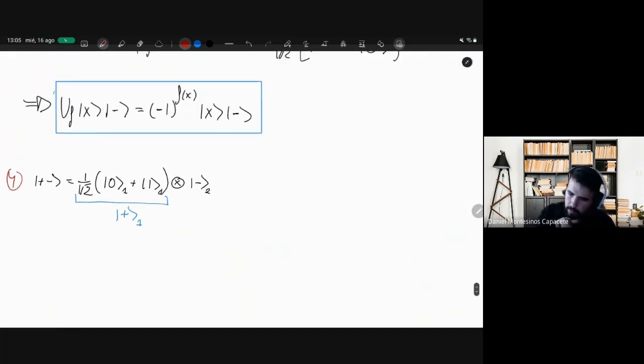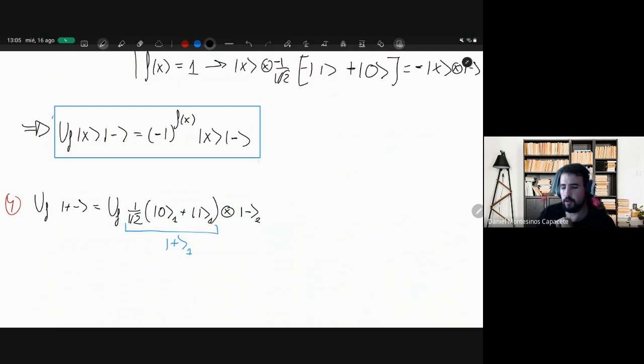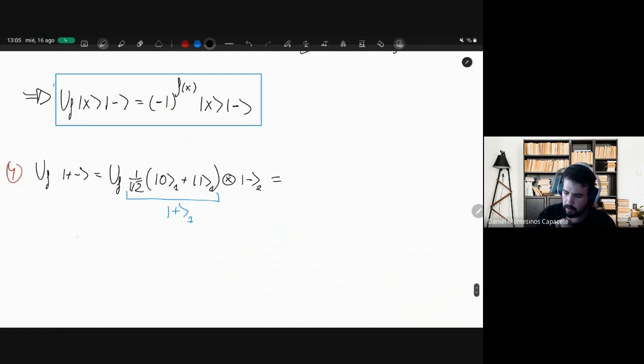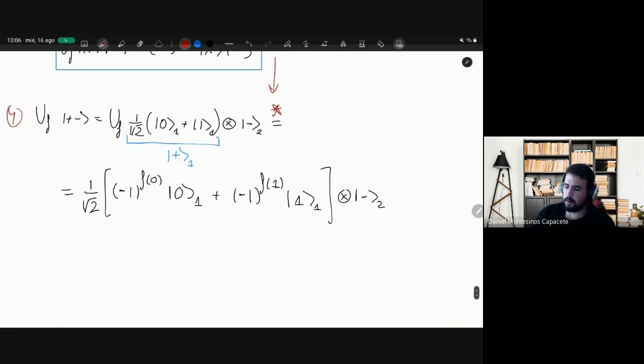In 4, we have this control operator acting, and using this result we get f of 0 applied onto this operator, and we get 0, since it's the same x, plus minus to the power of f of 1 times your 1 state, all times this. Right, we have just used this.